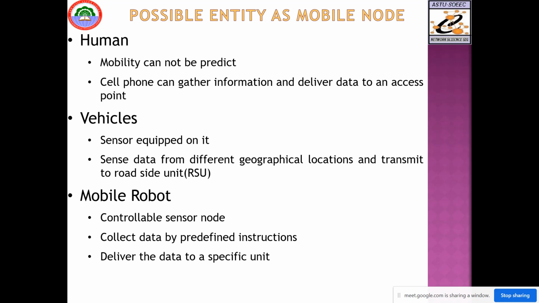When we come to vehicles, we can treat the vehicle as also mobile. If we have sensors fitted to any one of these vehicles, because the vehicle is going to be moved from one location to another location, along with the vehicle these sensors are also going to be moved from one place to another place.